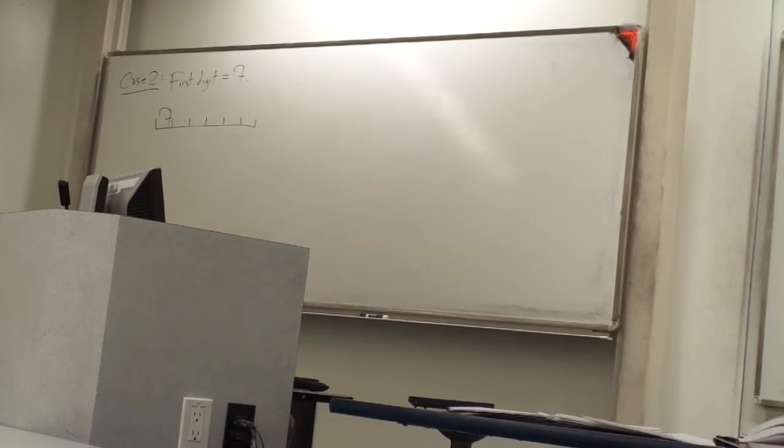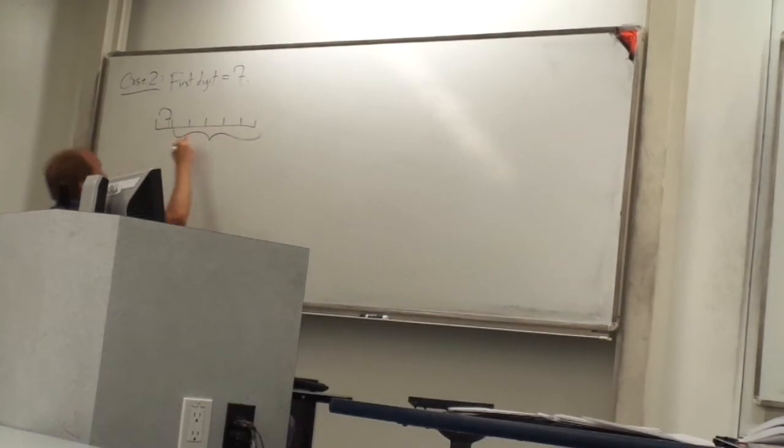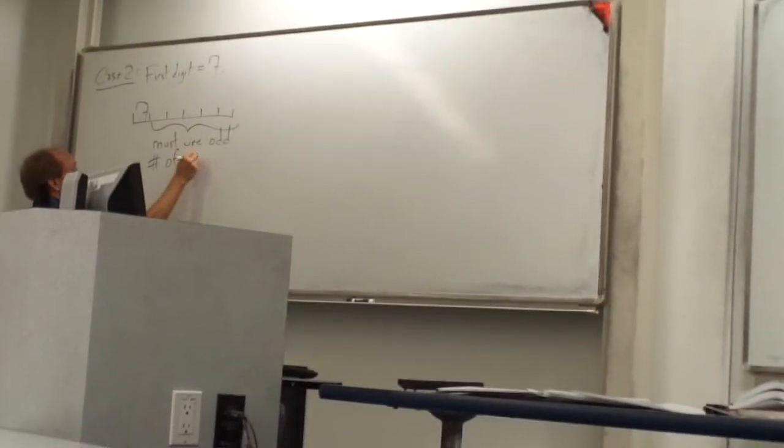That's the point. I think that's what you were going to say, Jeff, that the remaining spaces have to have an odd number of 7s because you've got a 7 already put into the first spot. So the n minus 1 unknown spaces have to have an odd number of 7s. So let me just indicate that here. Must use an odd number of 7s.